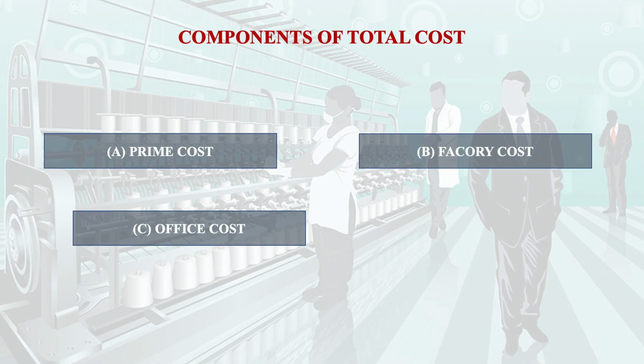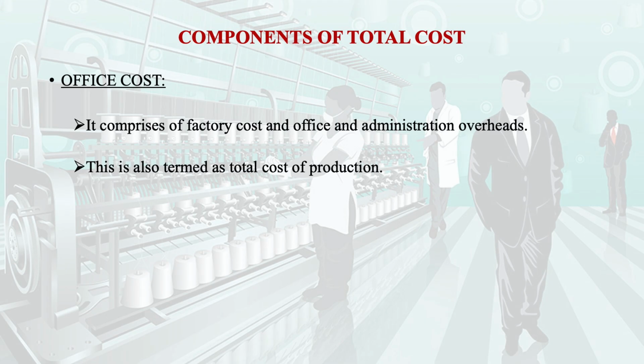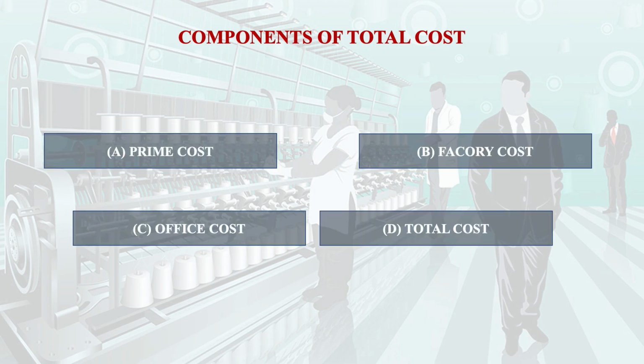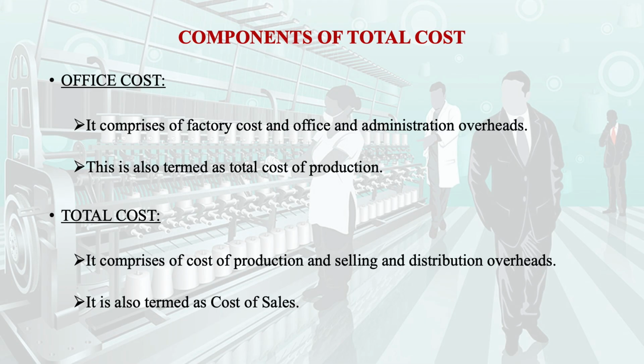Another important component is the office cost. It includes factory cost as well as administration overhead, and this is also termed as the total cost of production. And the total cost of the product comprises the cost of production, selling and distribution overhead, and it is termed as the cost of sales.